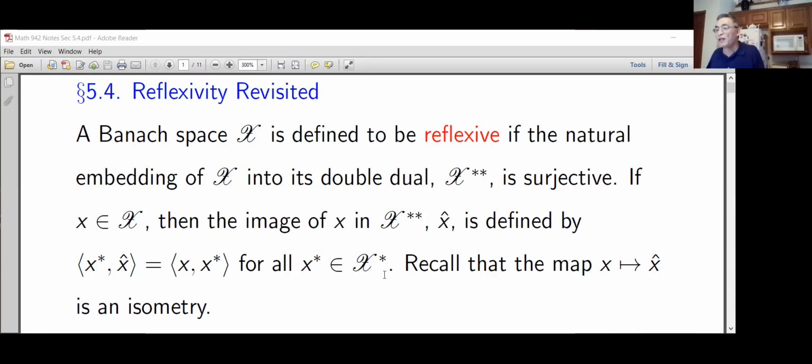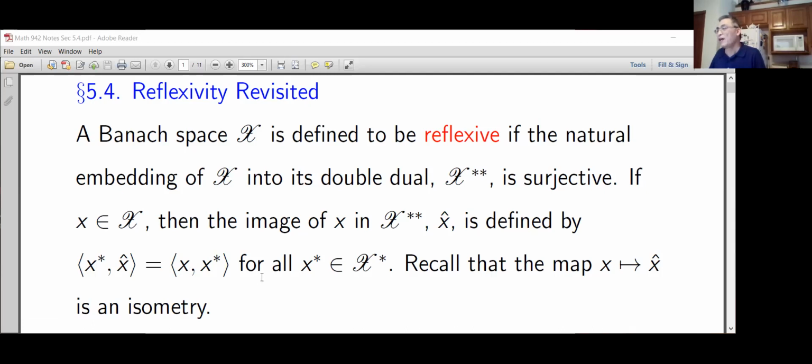So if x is in X, then the image of x in this double dual, we call it x hat, is defined by <x*, x hat> = <x, x*> for all x* in X*.